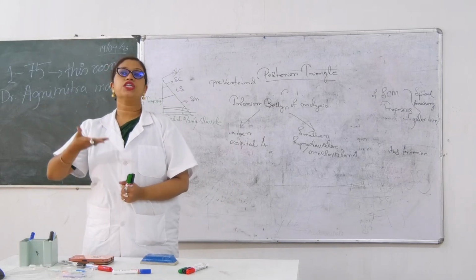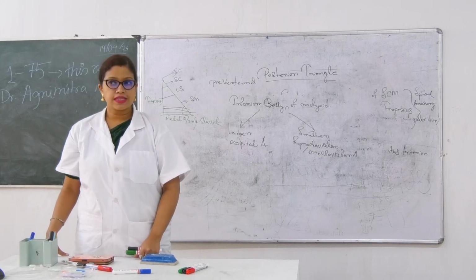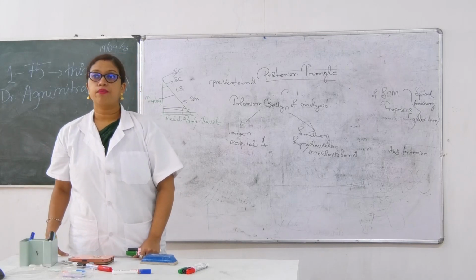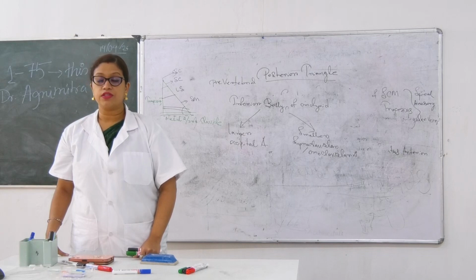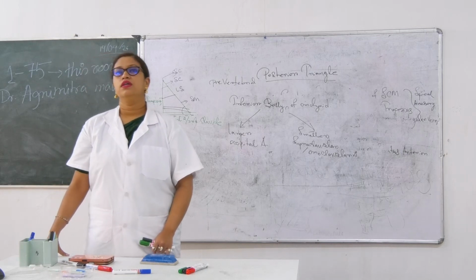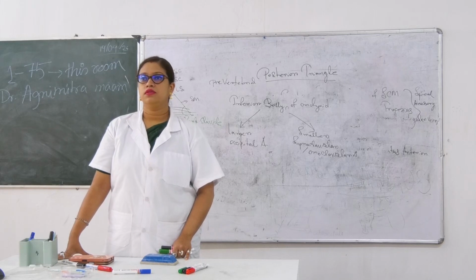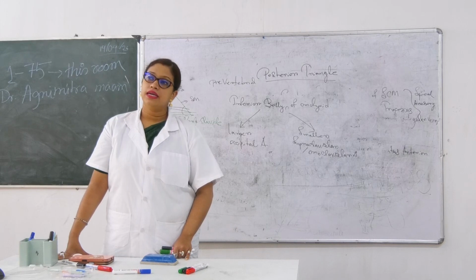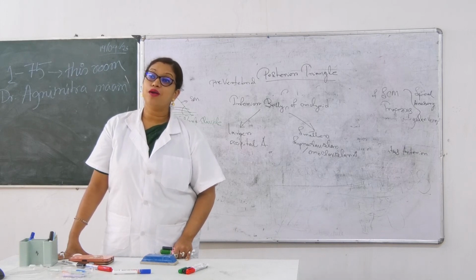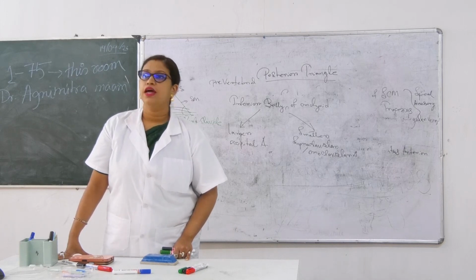You are talking about just below the clavicle, so which muscle is there? Subclavius, right? So nerve to subclavius, and another one is below the scapula, that is nerve to subscapularis.